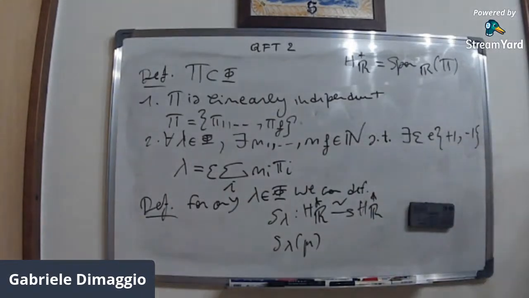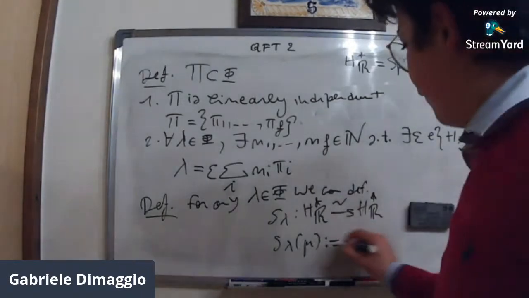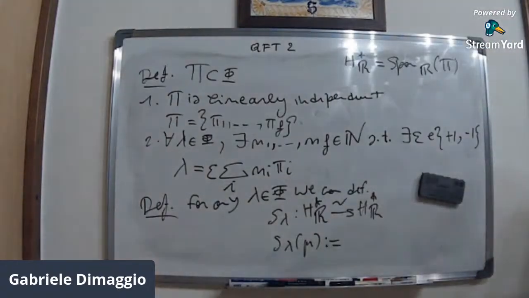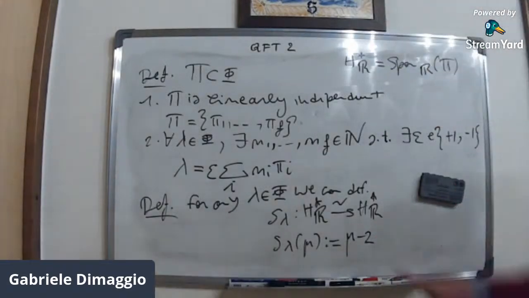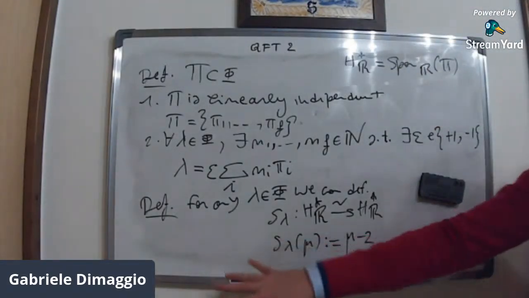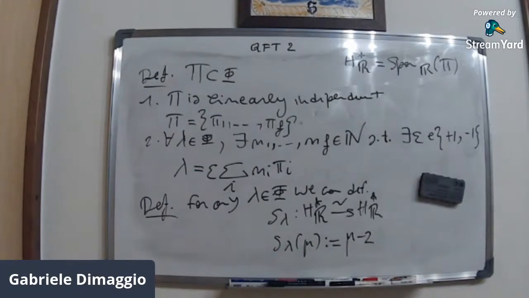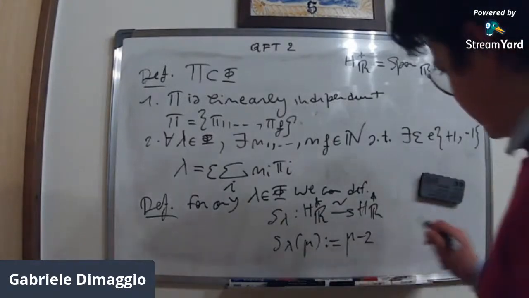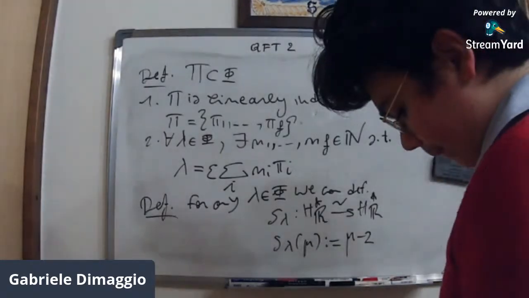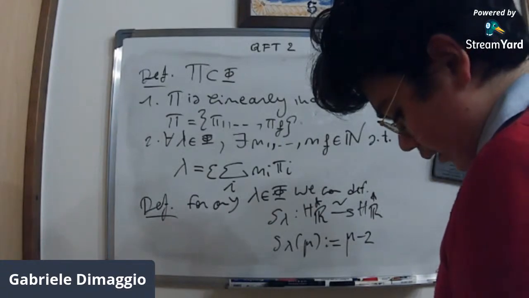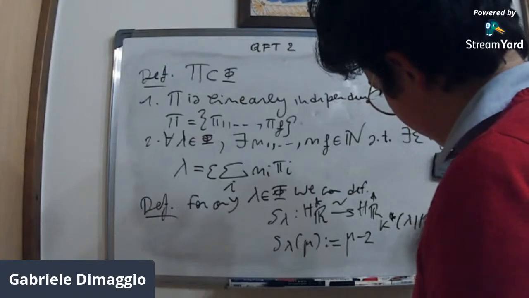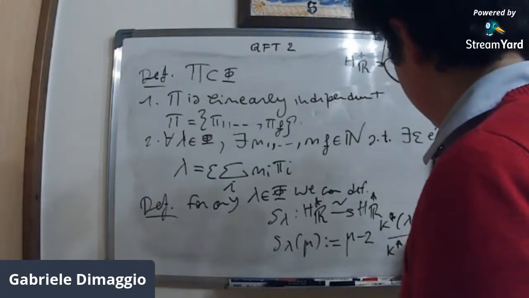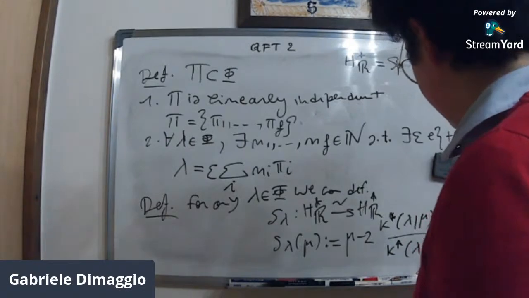And so S lambda mu is defined as mu minus 2 (mu, lambda) over (lambda, lambda) times lambda.